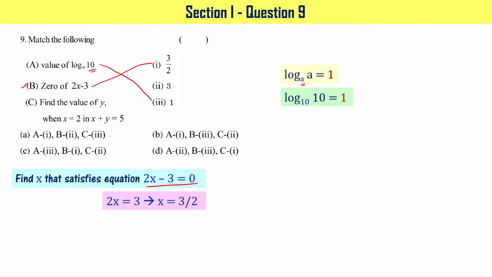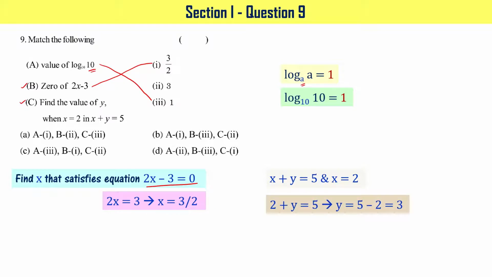Now we have to find the value of y when x equal to 2 and x plus y equal to 5. You substitute x equal to 2 into this equation such that you get y equal to 3. So let's connect that. Then we can say that choice C is the answer, right?